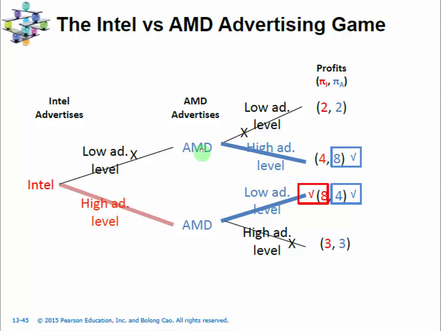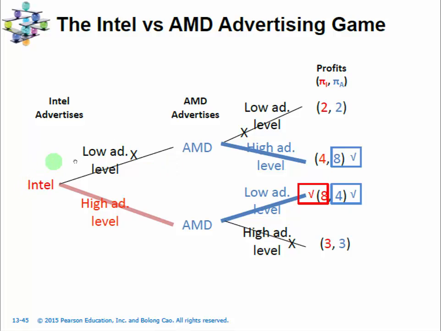So the subgame best response for AMD is to advertise heavily if Intel has chosen to remain low-key, and to remain low-key if Intel has chosen to advertise heavily.